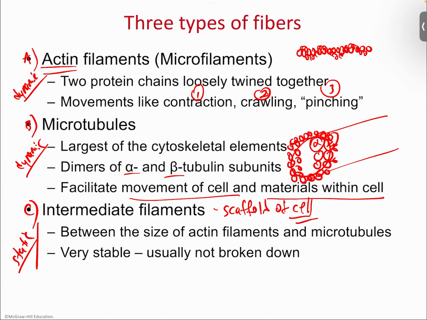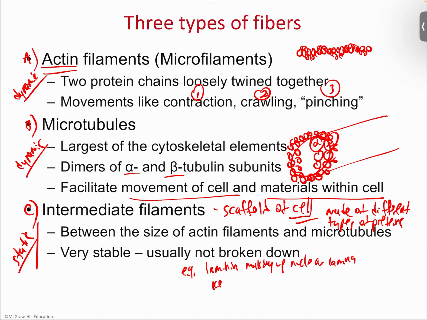And so it's made of different types of proteins. So for instance, we saw laminin making up the nuclear lamina, which is a long fiber of laminin in a chain.